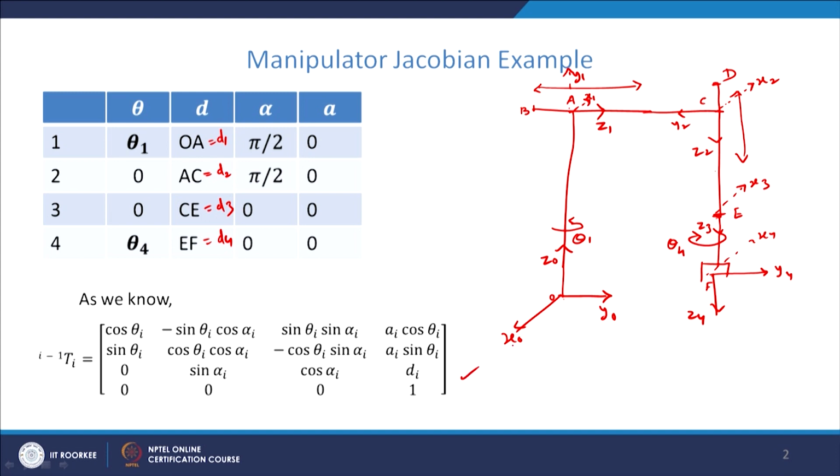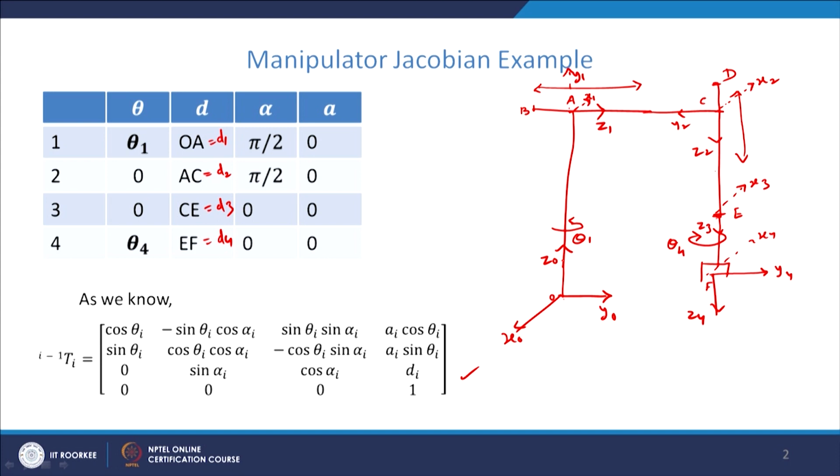The standard expression for the homogeneous transformation is given by this one: cos theta i, minus sin theta i into cos alpha i, sin theta i sin alpha i, and so on. This is the standard way of writing the coordinate frame i with respect to the coordinate frame i minus 1.